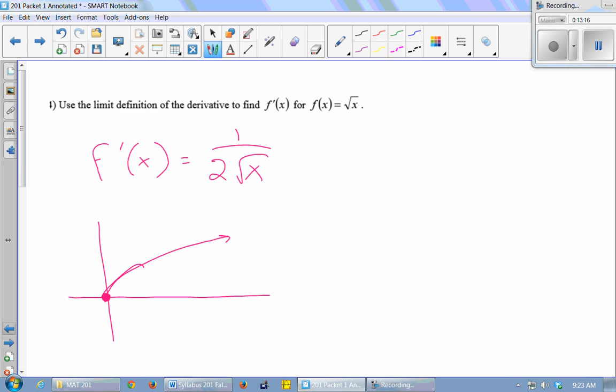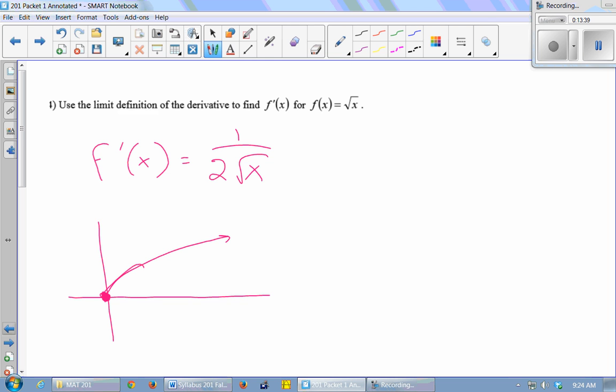It's just like it stops, which makes it undefined. So graphically it's undefined because this is a corner. Algebraically it's undefined because you can't put 0 into that function.